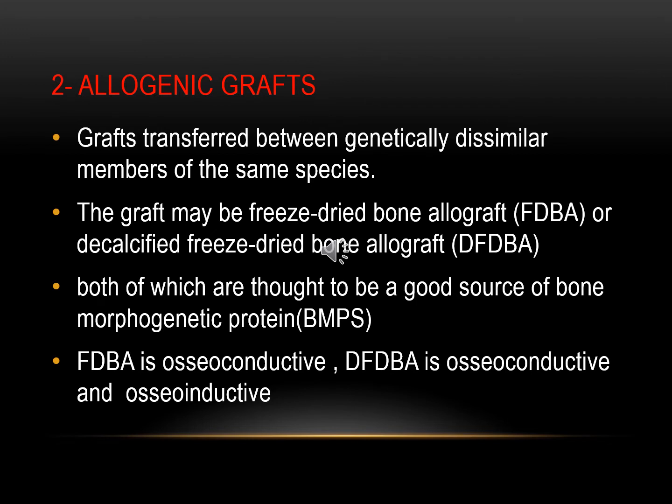DFDBA is osteoconductive because it's a filler material, and osteoinductive because it contains a lot of BMPs which will stimulate bone formation, while FDBA has a limited quantity of BMPs which makes it only osteoconductive, as a filler material.